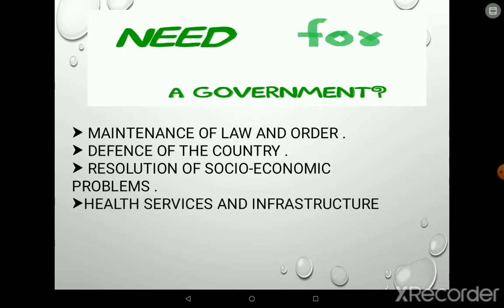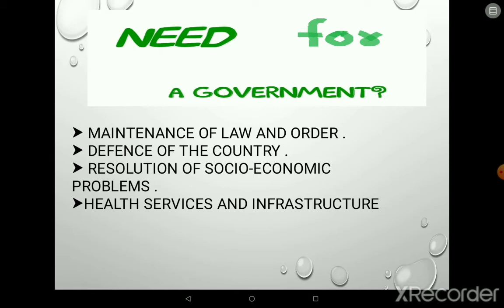Then we have the health services and the infrastructure. The government provides healthcare facilities to the people who are in need or who cannot bear the expenses of the hospitals.